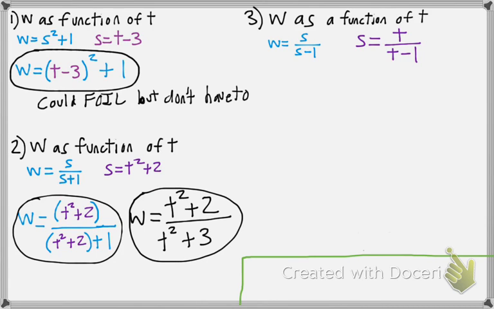Lastly, number 3, I'm going to start by having the w function, and wherever there's an s, I'm going to put in open parentheses, and then inside those open parentheses I want to put what the s function is equal to.